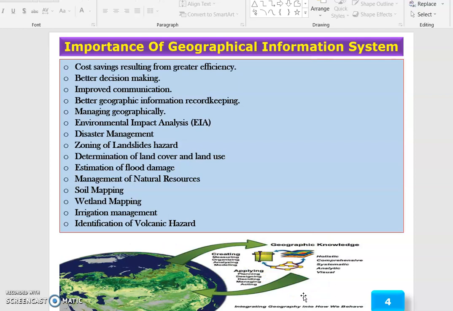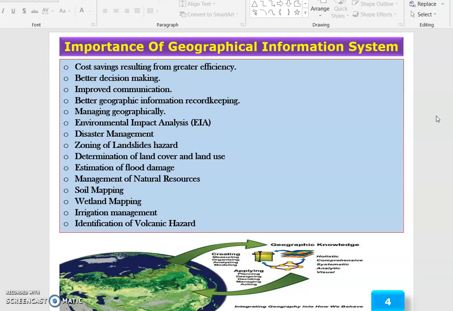The importance of geographic information system: cost saving resulting from greater efficiency, better decision making, improved communication, better geographic information record keeping, managing geographically, environmental impact analysis, disaster management, zoning of landslide hazard, determination of land cover and land use, estimation of flood damage, management of natural resources, soil mapping, wetland mapping, irrigation management, identification of volcanic hazards.